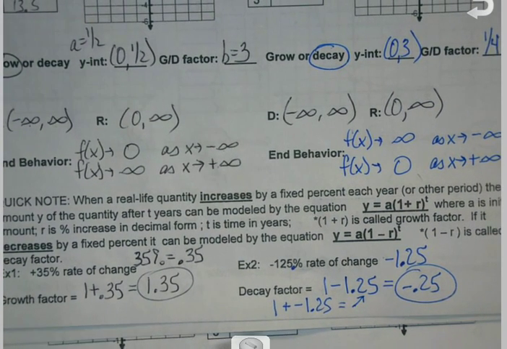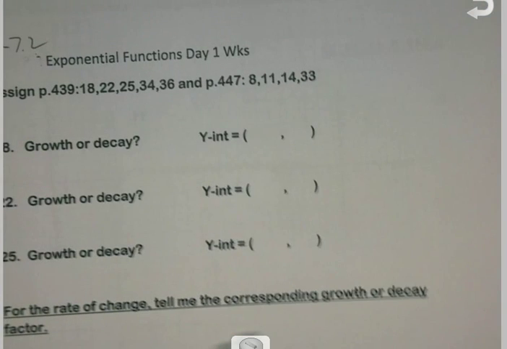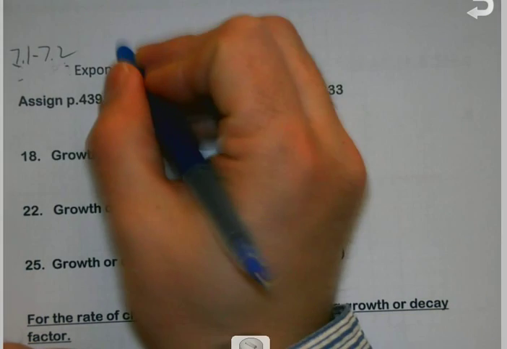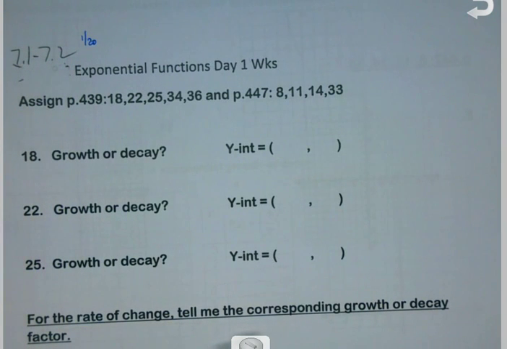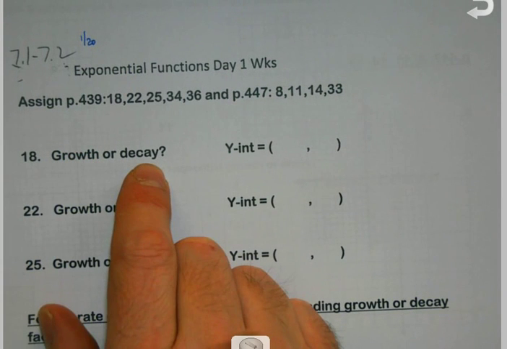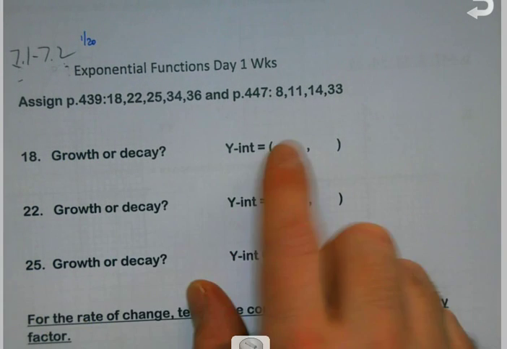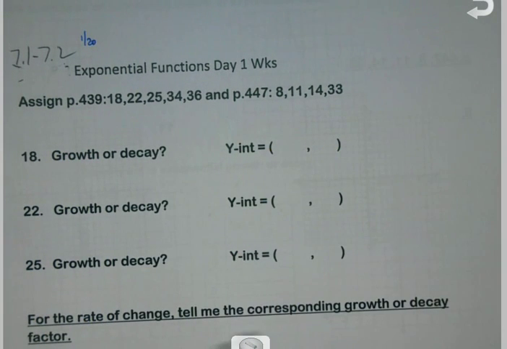So your task going along with this, and again, keep the note packet handy because we will be finishing it, is to work on this sheet. It is some book stuff, but you're not having to rewrite things. For the first 3 questions, all you're doing is deciding: is it growth or decay? What's my B value? And then writing down my Y-intercept.